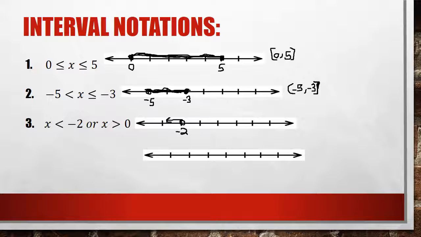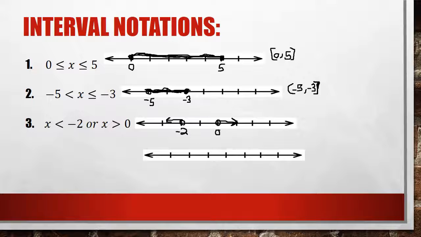And then x is greater than 0. 0 is here. I'm not including 0, that's why I have an open circle. But I'm including every single number greater than 0, which means an arrow to the right of the 0.